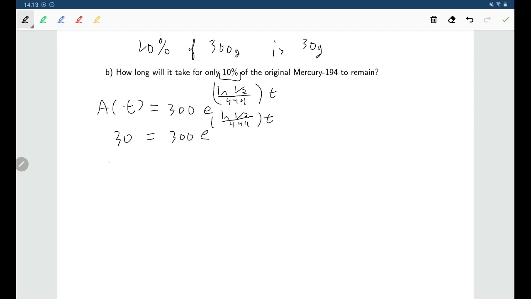Dividing both sides by 300 gives me 1/10 on the left side. Rewriting this as a logarithmic equation, so log base e, natural log, switching the inputs and the outputs. And then solving for t.